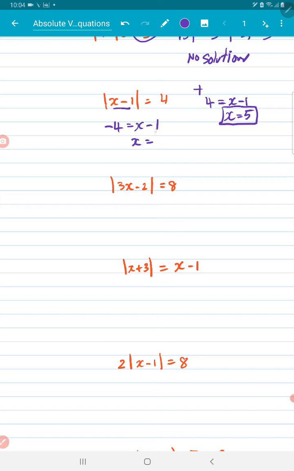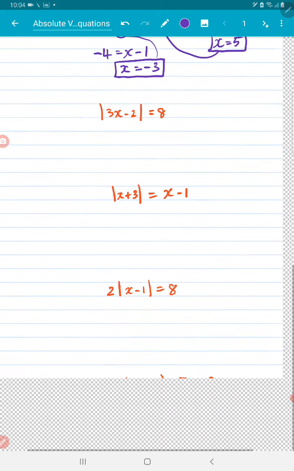So x here will equal -3. Okay, so let's check. 5 minus 1 is 4. Absolute 4 is 4. -3 minus 1 is -4. Absolute -4 is also 4.